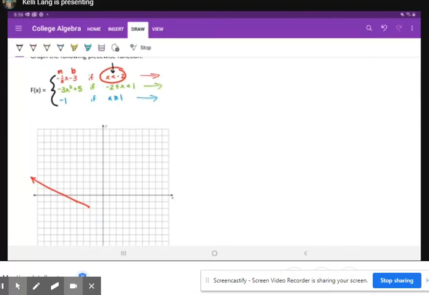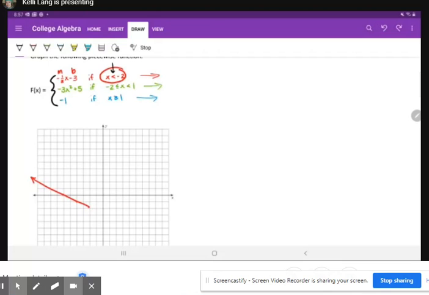So we would get an open circle. If it's a less than or equal to inequality, that means that negative 2 is included in our domain, so we would get a filled in circle. But since we have a strictly less than, we're going to get an open circle.